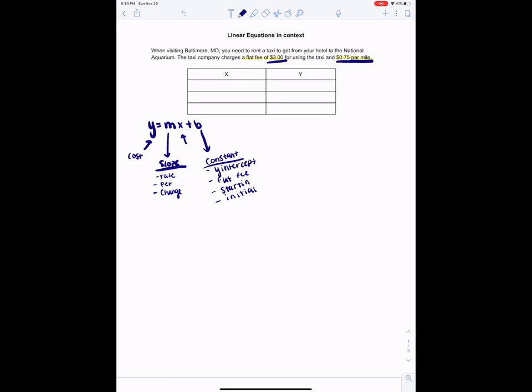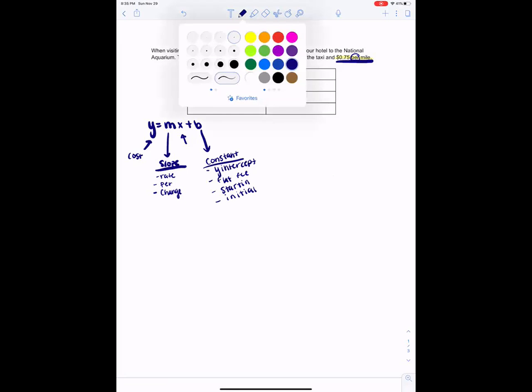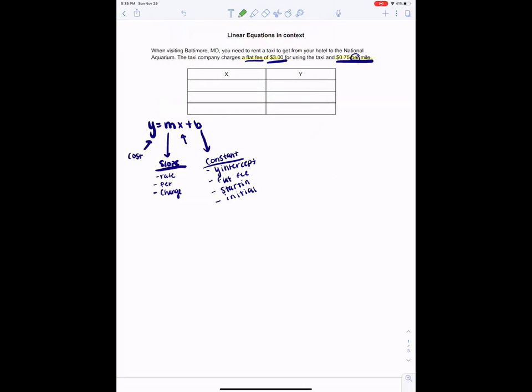So right away, when I see the words flat fee and per mile, I should be deciding which one is my slope and which one is my constant. Because I just said that a flat fee corresponds with the constant, that's my b. The $3 is my b.